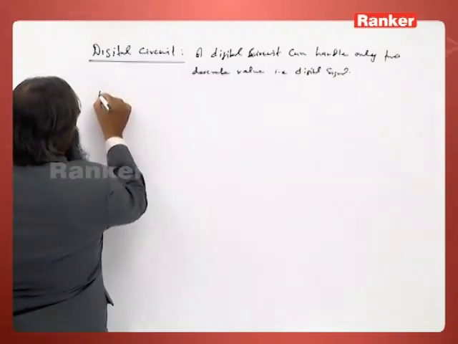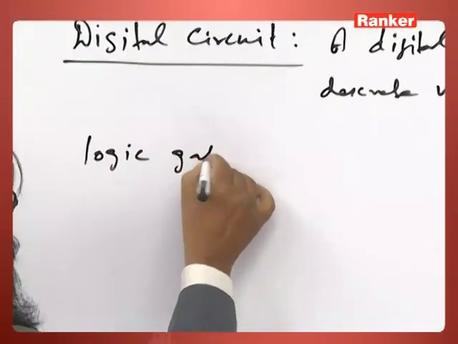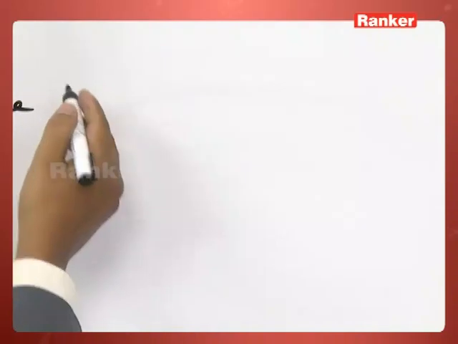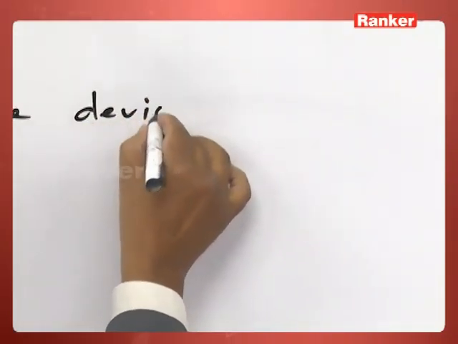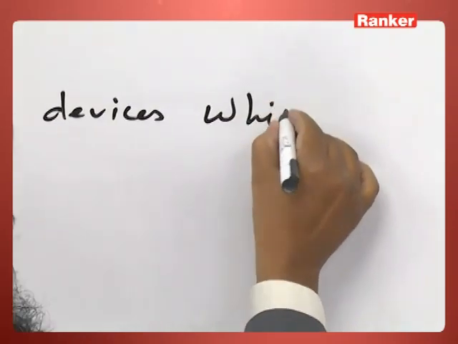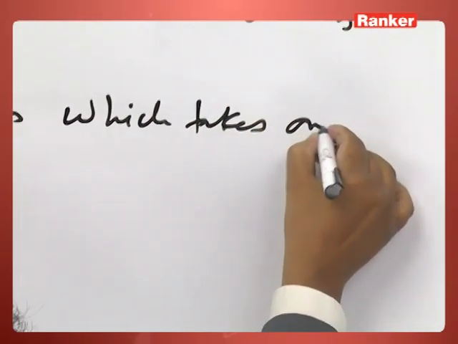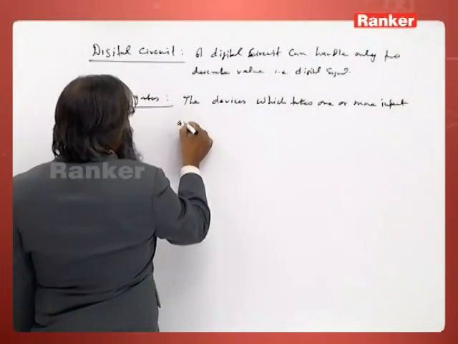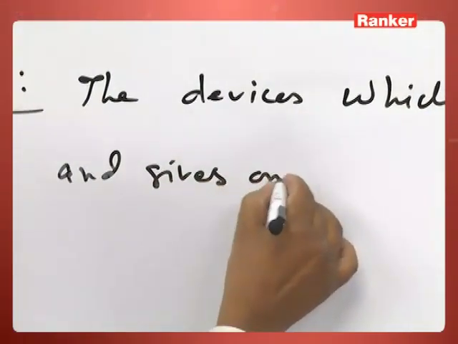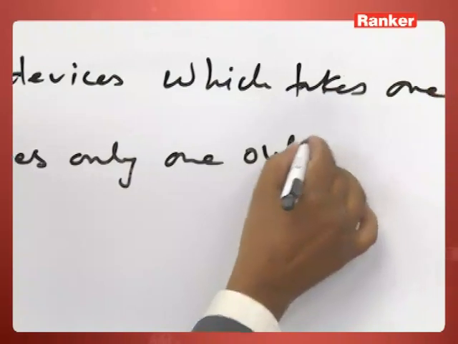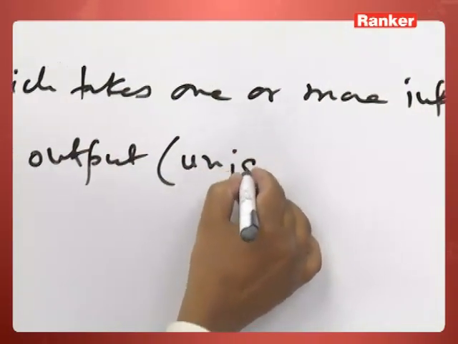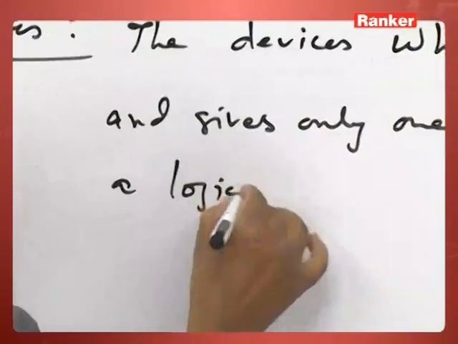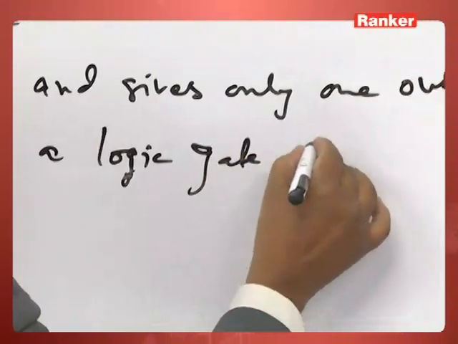Now, in digital circuits we have to see what logic gates are. The electrical or electronic devices which take one or more inputs and give only one unique output are called logic gates.